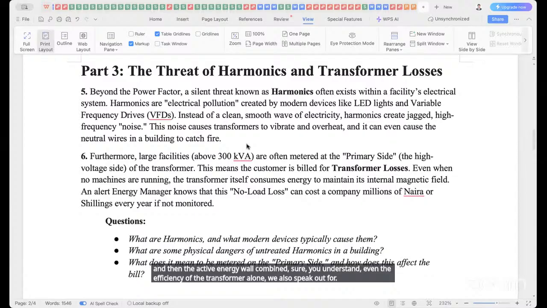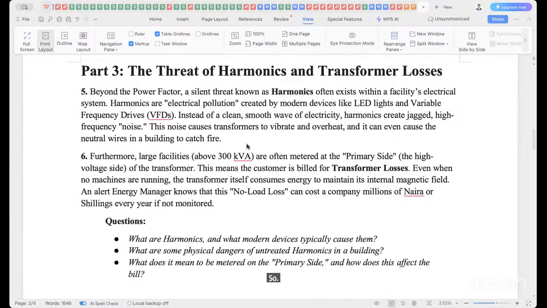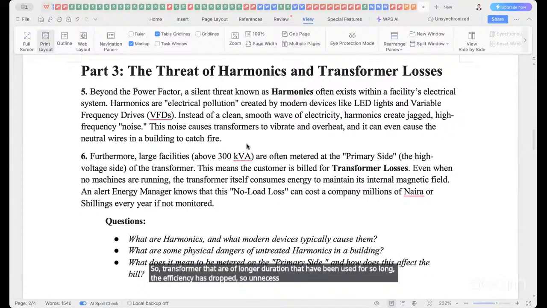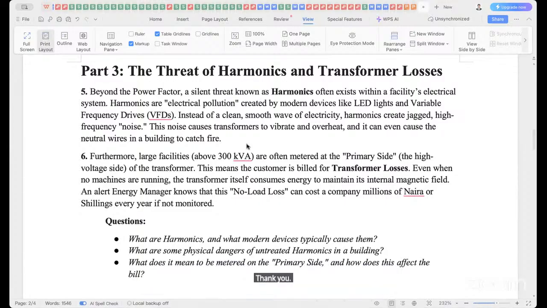Just like when you are buying something new, the efficiency will still be at its peak. So transformers that have been used for so long, the efficiency has dropped. Some unnecessary energy consumption, some unnecessary losses will just be happening right inside the transformer operation. Thank you very much. So we answered very right.